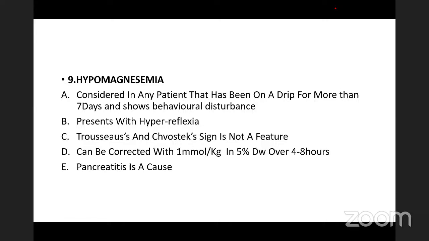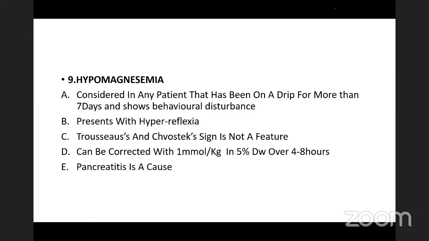So if you look at this option, A says it's considered in any patient that has been on drip for more than 7 days and shows behavioral disturbance. That is correct. Okay. Present with hyperreflexia. That is correct. Trousseau's and Chvostek's sign is not a feature. That is false because these are features seen in hypocalcemia as well as hypomagnesemia.